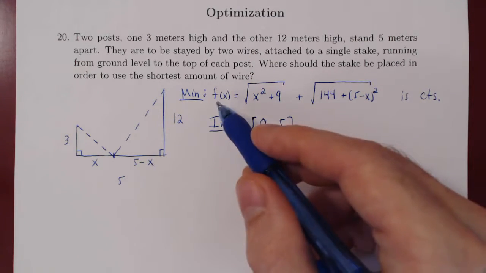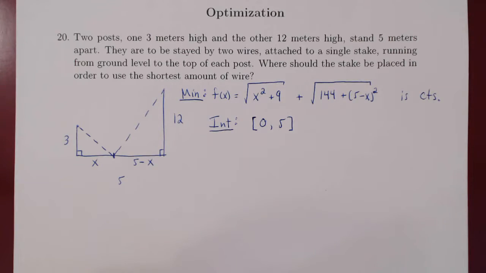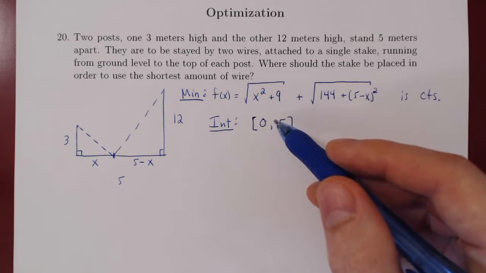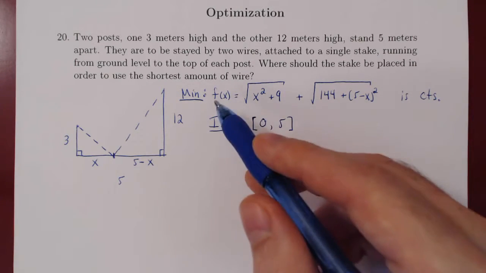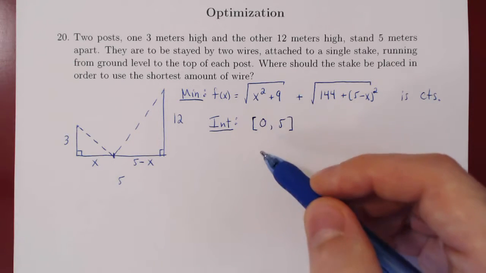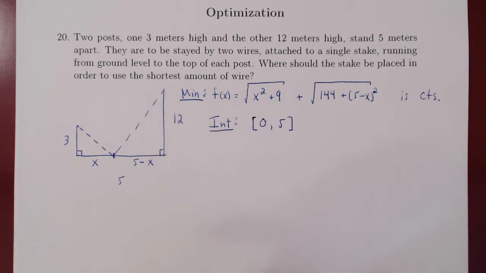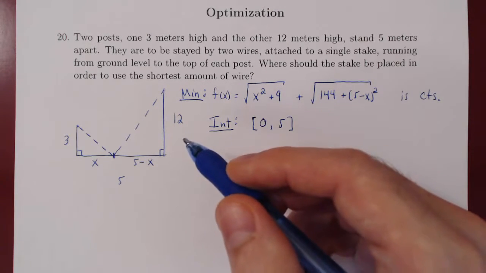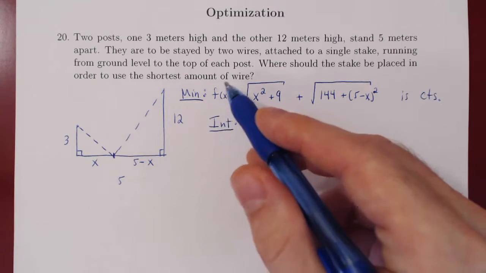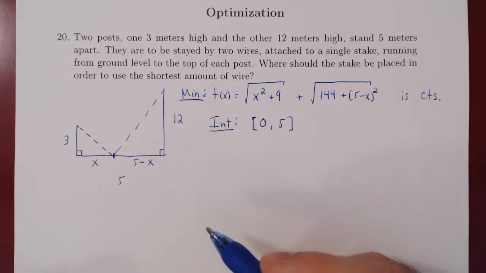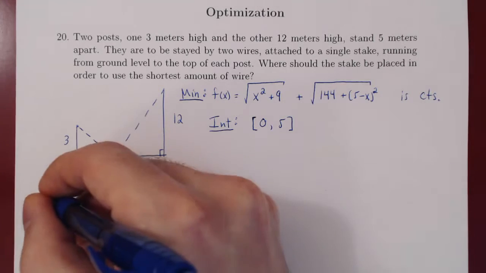So we know that to maximize and minimize this function over a closed and bounded interval, we simply have to evaluate the function at the left-hand point of the interval, the right-hand point, and at the critical points inside of the interval. So all we have to do now is find the critical points of our function. So let's differentiate.